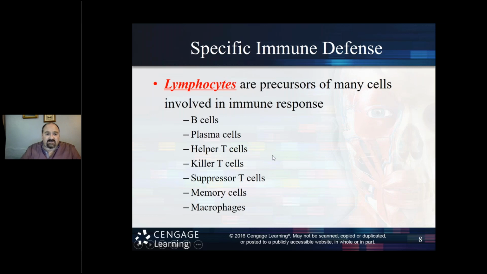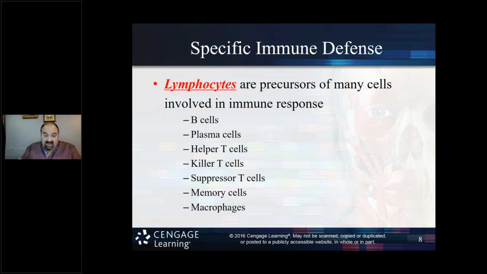And then you'll see here also helper T cells, killer T cells or cytotoxic T cells, and you have your suppressor T cells, okay? The helper T cells are involved in activating your specific immune response.